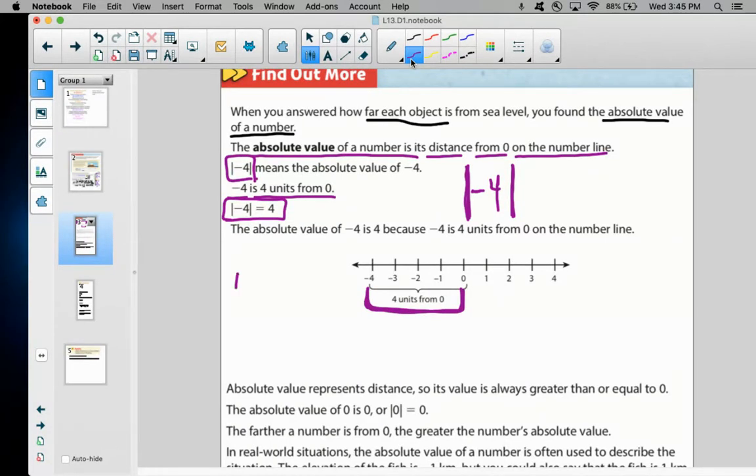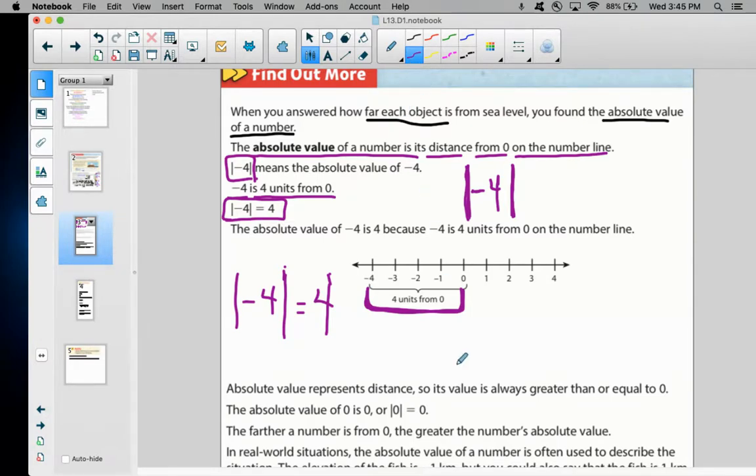So when we see this notation, it's asking us to tell how far away that number is from 0. That's why you see it equaling the positive form of that number, because distance is always a positive representation.